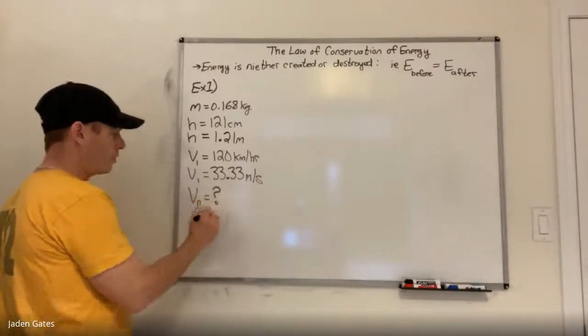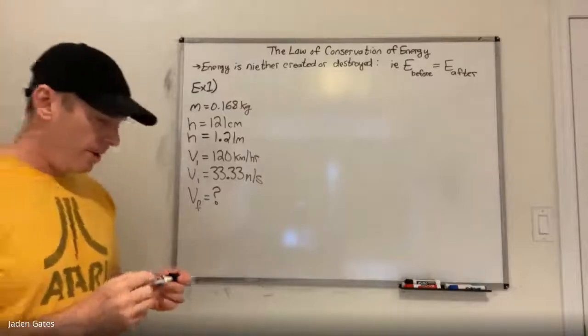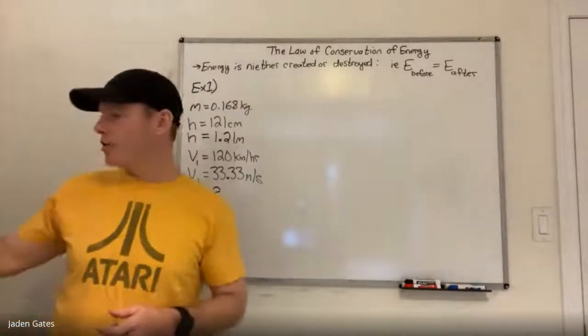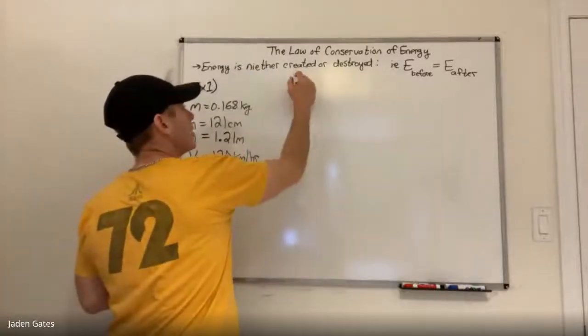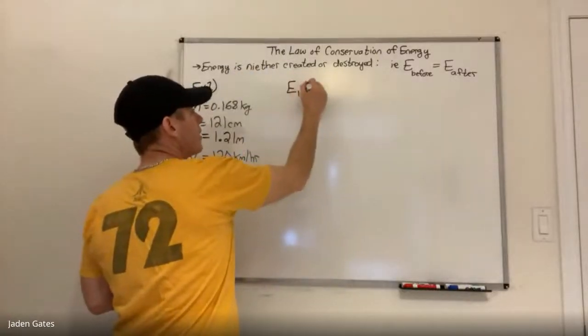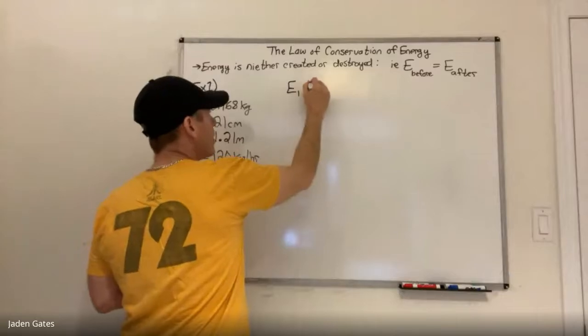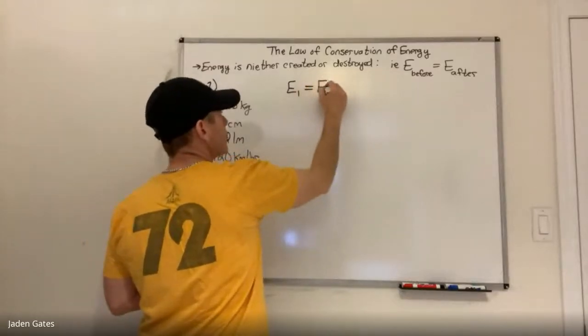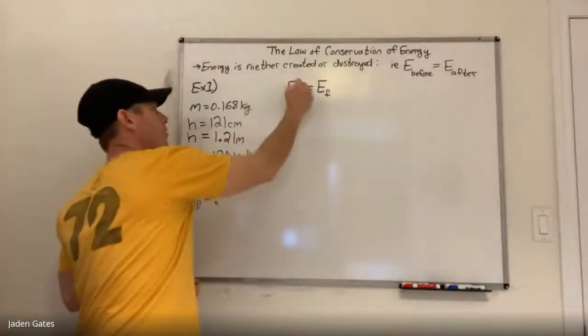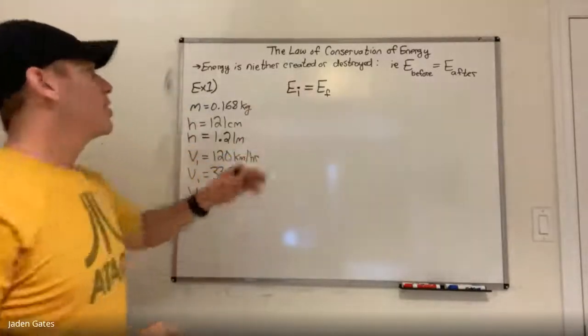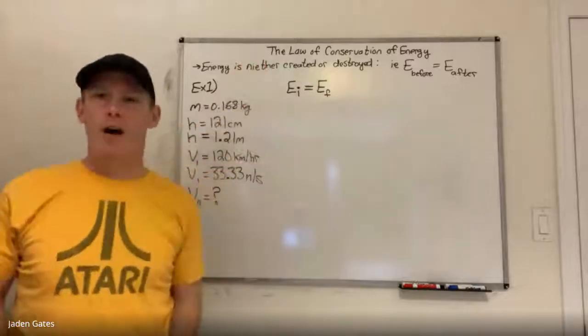Now, I'm going to use the law of conservation of energy, in that your energy at the start, E1 or Ei, is equal to Ef, your final energy. Our initial energy is equal to our final energy.